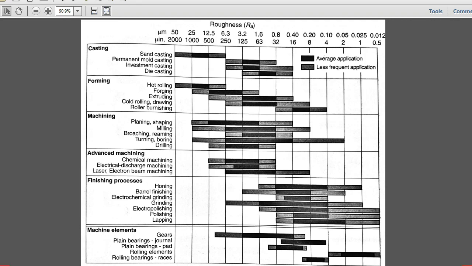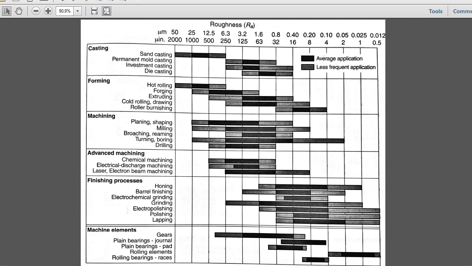In this case, this is the RA value, and this is the surface roughness in microns or in microinches. This is sort of like your standard process. So if you were to order a sand casting from a company, this is kind of what you would expect to get back from them.